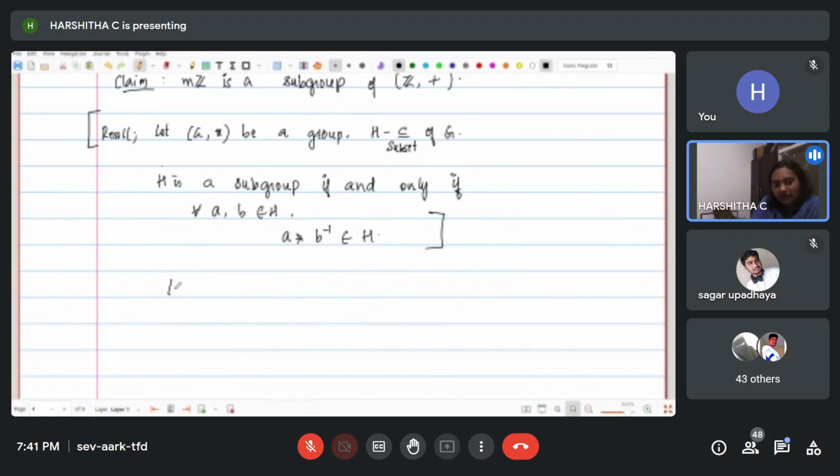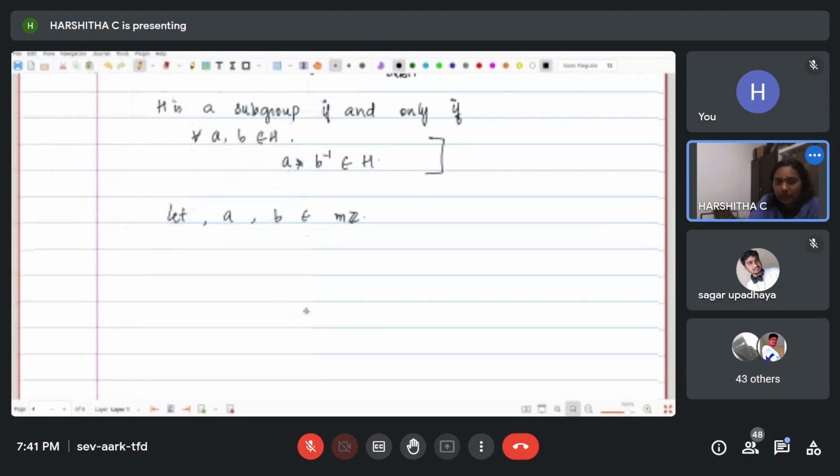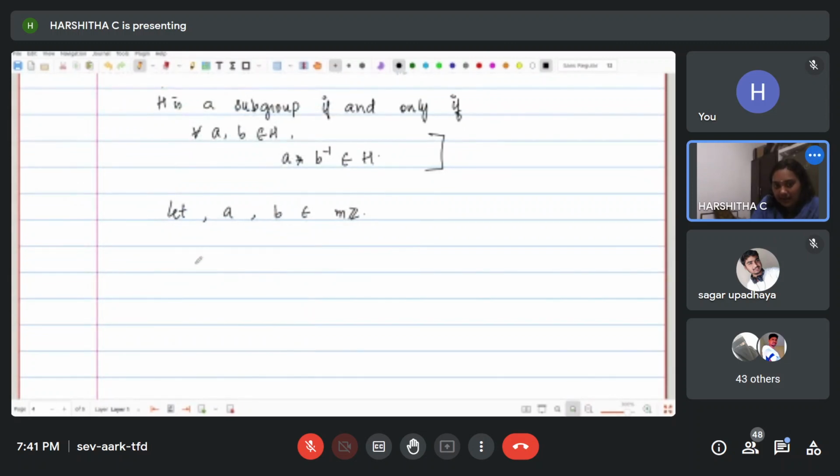Okay, so let A and B be in mZ. What does that mean? A is m times some integer k1. The set mZ is all multiples of m, so that's all we are writing. And B is some other multiple of m, m times k2.